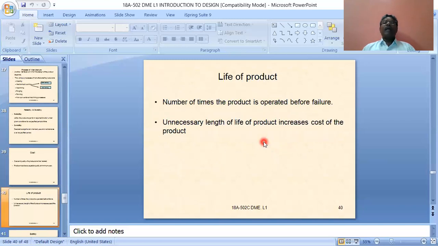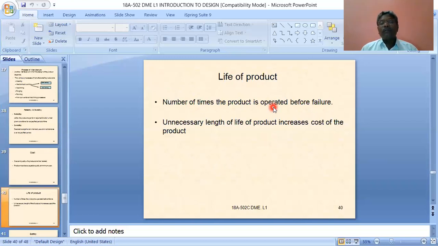Next is life of the product. That is the number of times the product is operated before failure. So many times it is operated before failure of any product. It has to withstand all its maintenance, use, and environmental problems, and it has to be useful for more number of times.